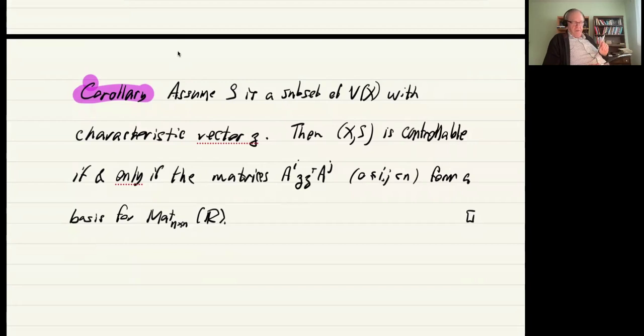Your favorite basis will be the matrices E sub ij, which is one in the ij position and 0 everywhere else. But this is giving you alternative bases.